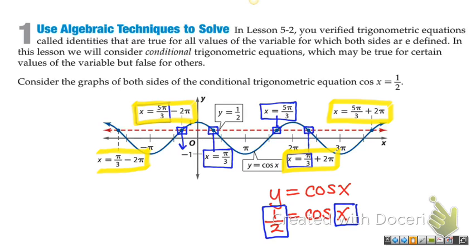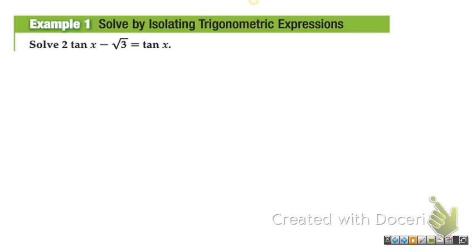The ones that are boxed in yellow are all just coterminal with the two original answers that show up on the unit circle. So the goal is to find the two answers for x that work on the unit circle, and then look at how we could find all the coterminal values of those.